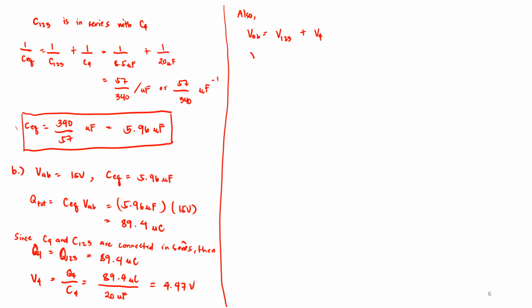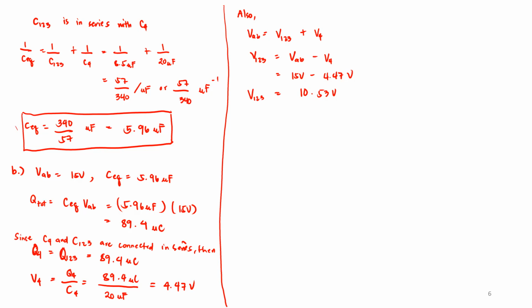Therefore, V123 is equal to VAB minus V4. So you have 15 volts minus 4.47 volts, which is equal to 10.53 volts. The voltage drop across capacitor 123 is equal to 10.53 volts.